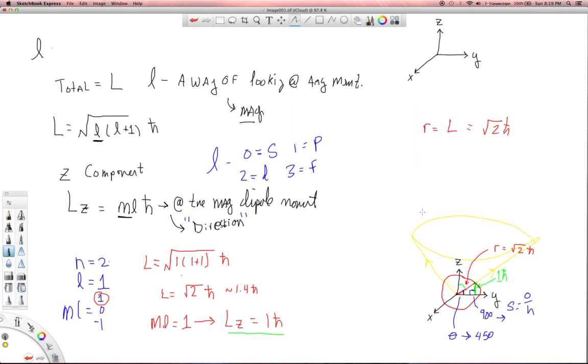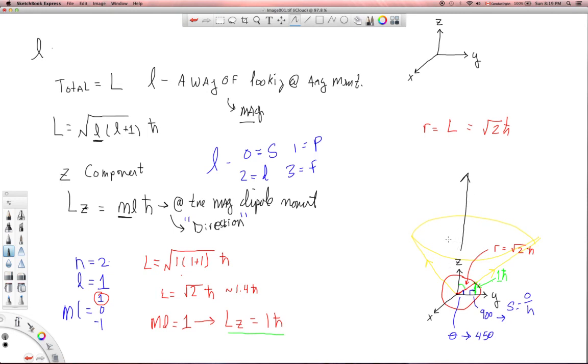So you can see that I have the z-axis, and I'm going to just draw the z-axis coming up. The z-axis is coming out the middle of this cone, and what this is telling me is that the z component of the angular momentum is 45 degrees off of the z-axis.